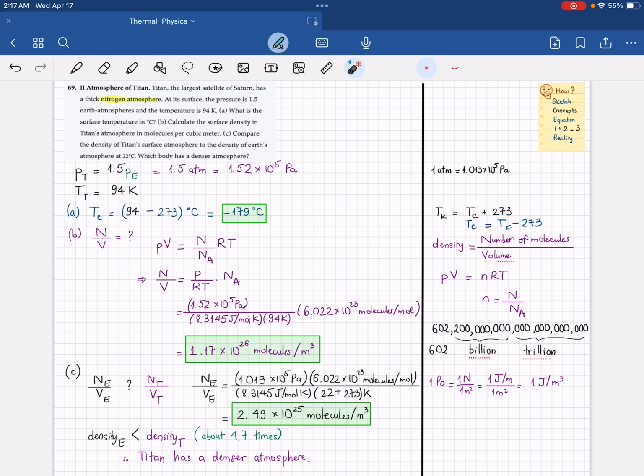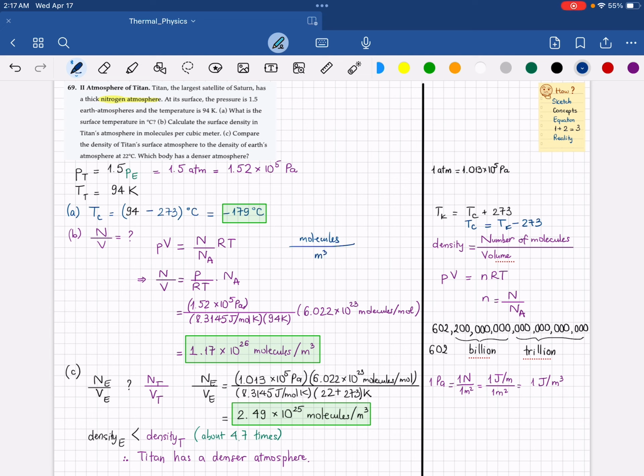Okay. B. Calculate the surface density. Surface density in molecules per cubic meter. You see that they mention some units here. In physics, it's very useful to make use of the unit because it can also help you to derive which equation you can use. So here, that should be number of molecules over a meter cube.